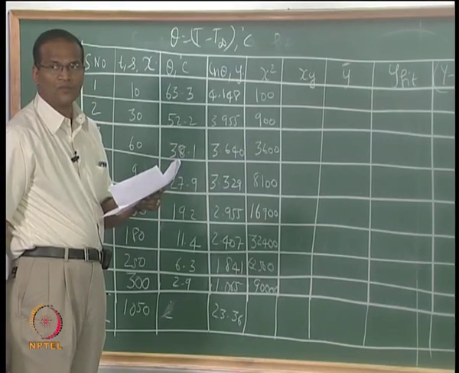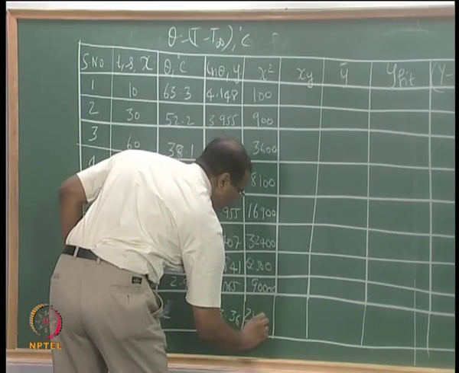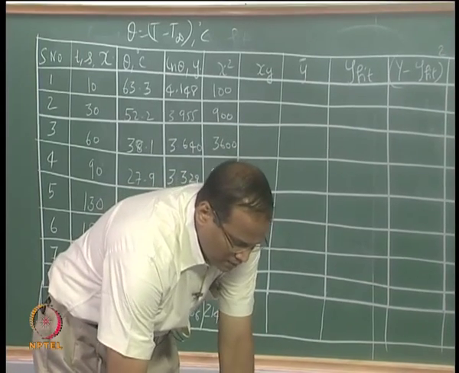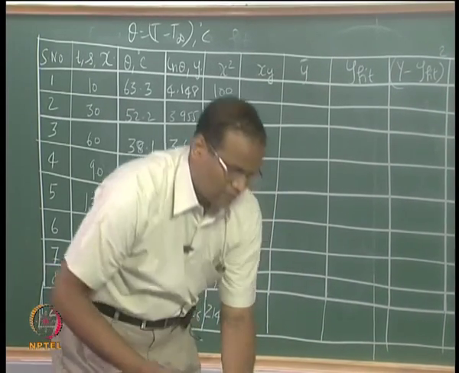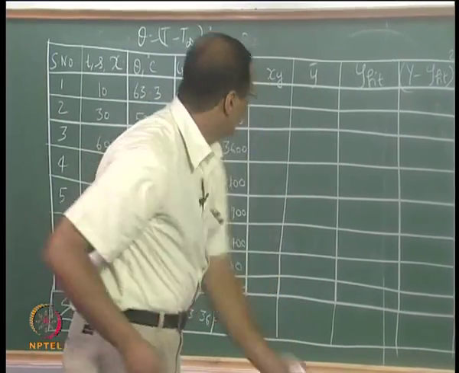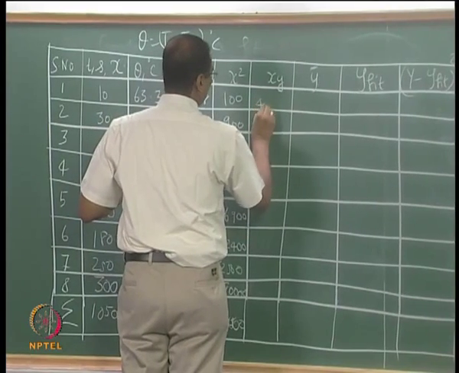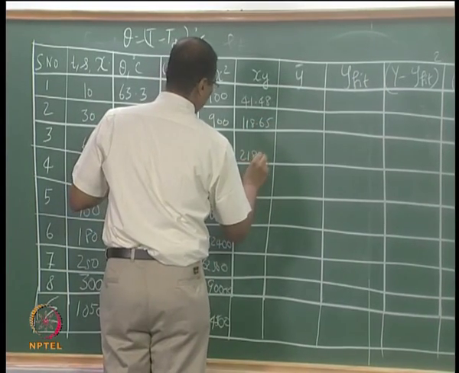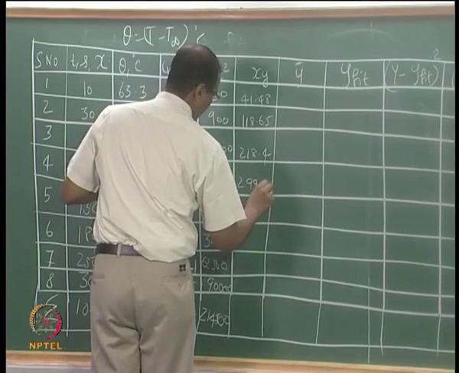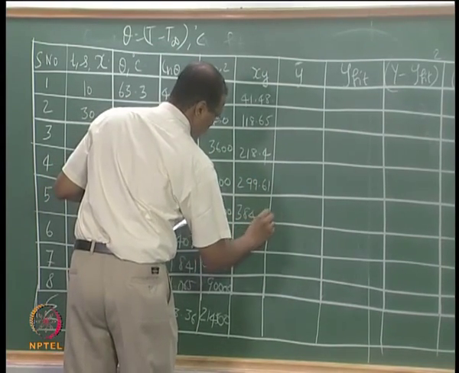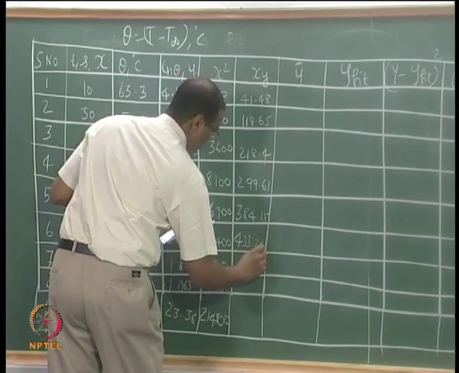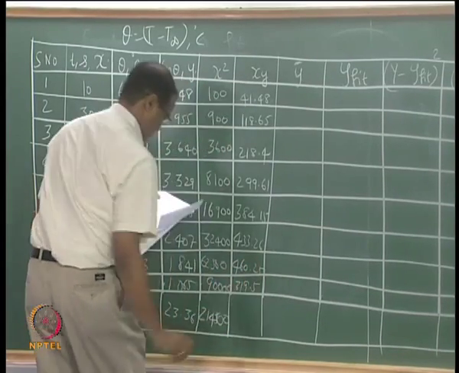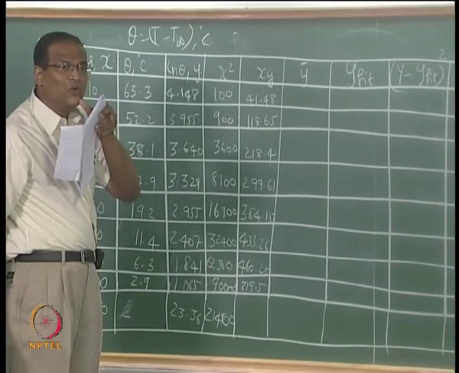How much is it? 214500. XY, 2275.3, 2280, okay.